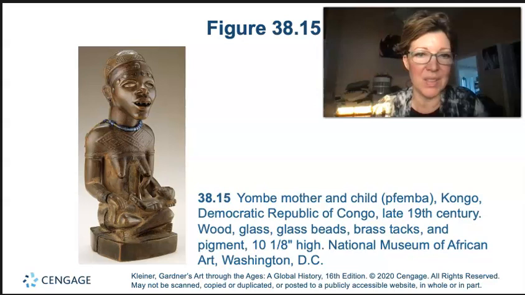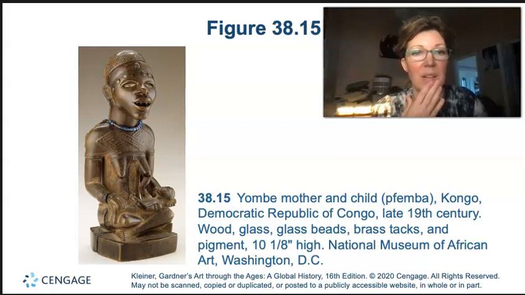Okay, Yombe, mother and child, which is known as a Phemba, from the Democratic Republic of Congo. And lots of materials. The African figural type that is thought to have been inspired by the Christian Madonna and child imagery is the Yombe people's Phemba.